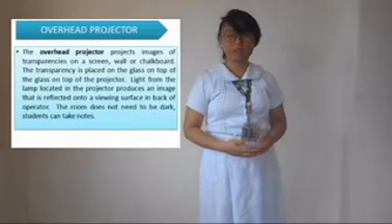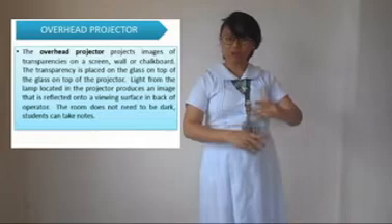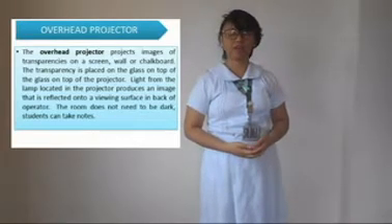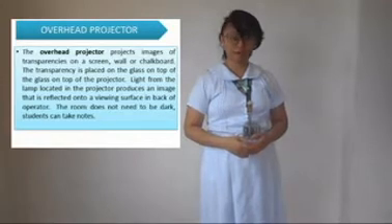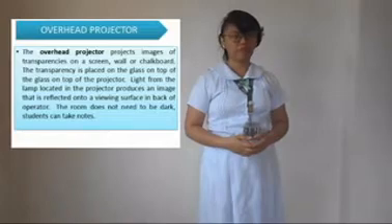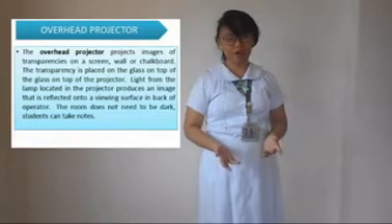The transparency is placed on a glass on top of the projector. Light from the lamp located in the projector produces an image that is reflected onto the viewing surface in the back of the projector. The room does not need to be dark.